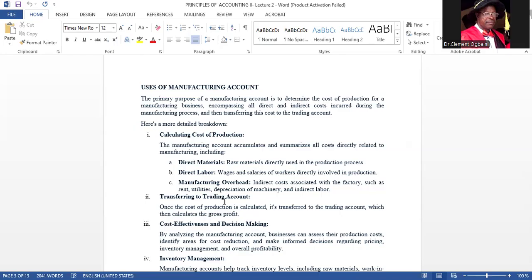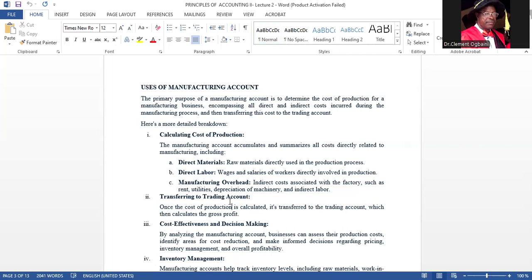Number two, it enables us to determine the direct material, the direct labor, and also the overhead, the indirect material, indirect labor, and indirect expenses. So with manufacturing account, we can calculate the total direct, which is the prime cost, and the total indirect, which is the overhead.